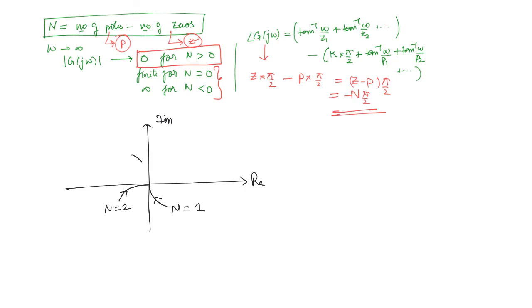So the plot will be reaching like this. And again if n is equal to 4, then the angle will be minus 2 pi, that is nothing but 0 degrees. So the plot will be reaching like this. Again n equal to 5, it will continue like that. So this is how the ending of the polar plot will be affected by the number of poles and number of zeros.